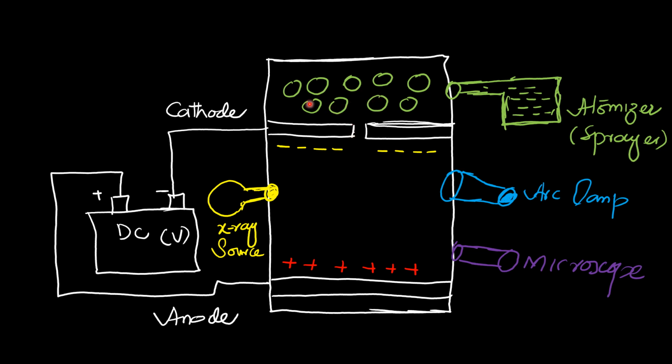They ionize the oil molecules, and the interaction of X-rays with oil molecules is monitored by introducing an arc lamp inside the chamber. The arc lamp causes light from the oil molecules which interacted with the X-rays, and the movement of the molecules or ions of the oil is monitored by a microscope.